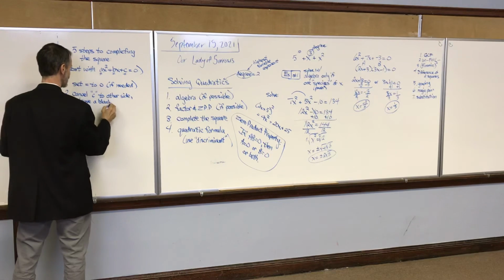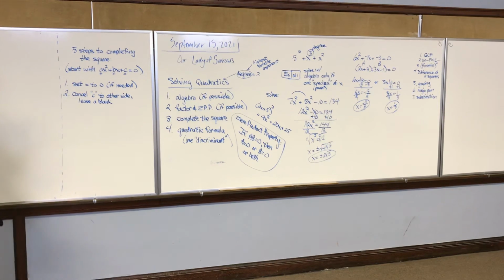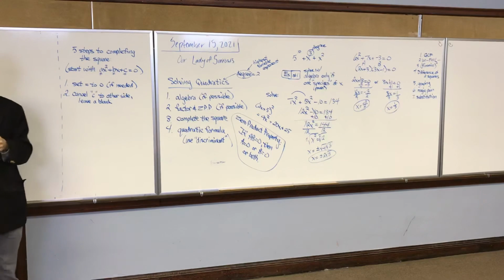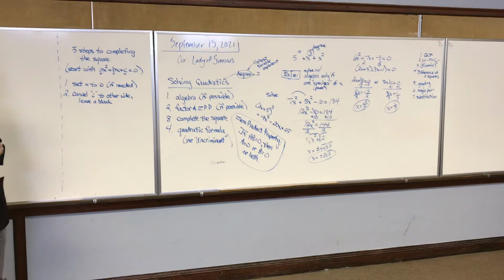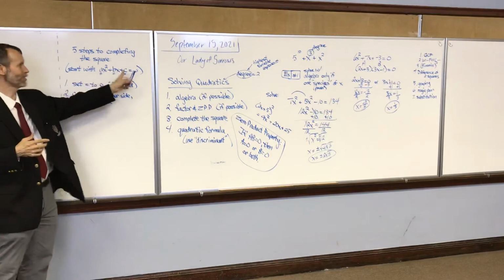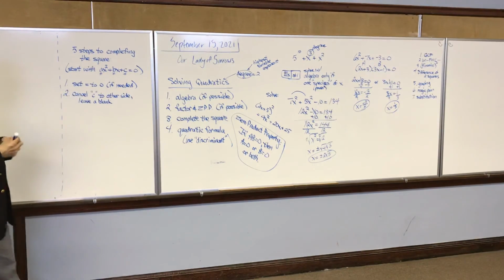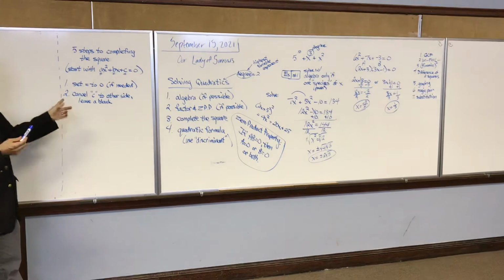I'll give you a demo of this in a second. For now, just write down the words. So step 1 is set it equal to 0 if it needs to happen. And then step 2 is cancel the c to the other side. They usually mean subtracting. But cancel the c to the other side and leave a blank.